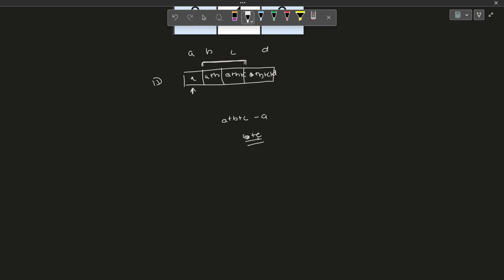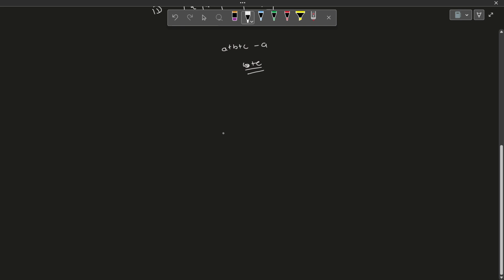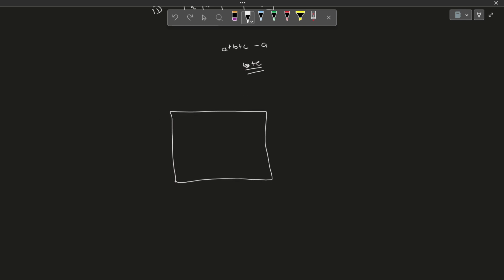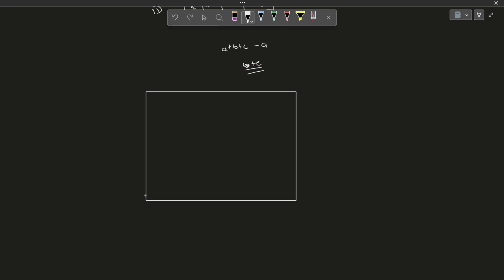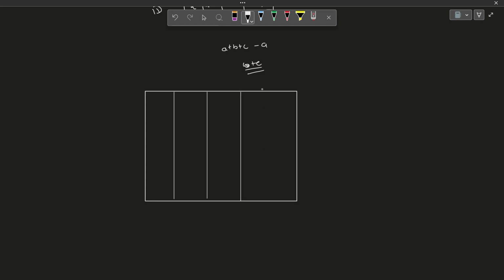Now I want to extend the same approach to a multi-dimensional array, right? So let me just create a rectangle. Let's say we have a rectangle like this, then we will have these lines.